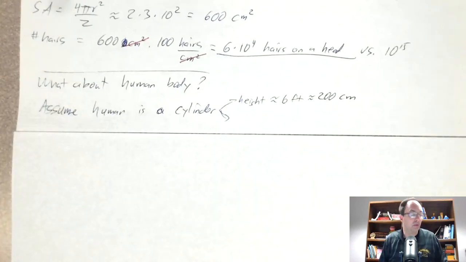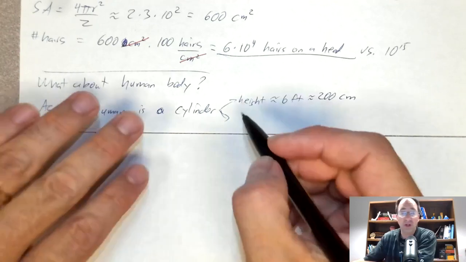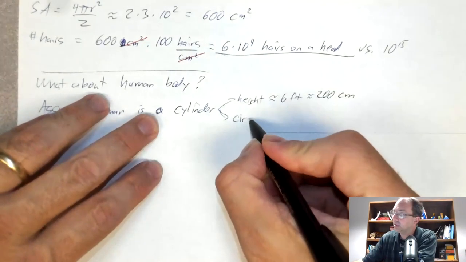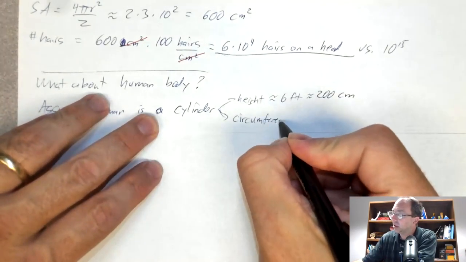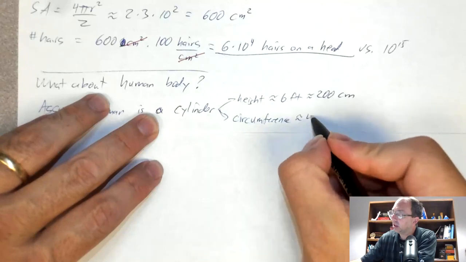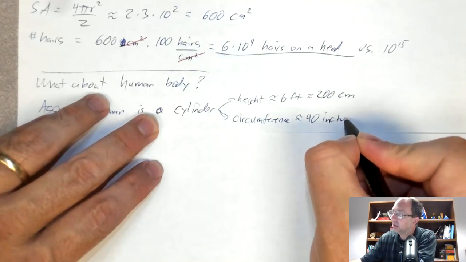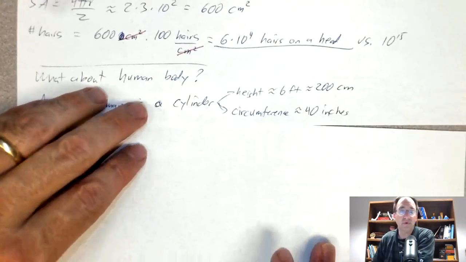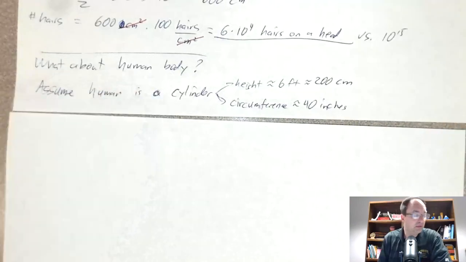we could think about, well, I know that probably most people have a circumference of 40 inches or less. So see if we can convert that into a radius.